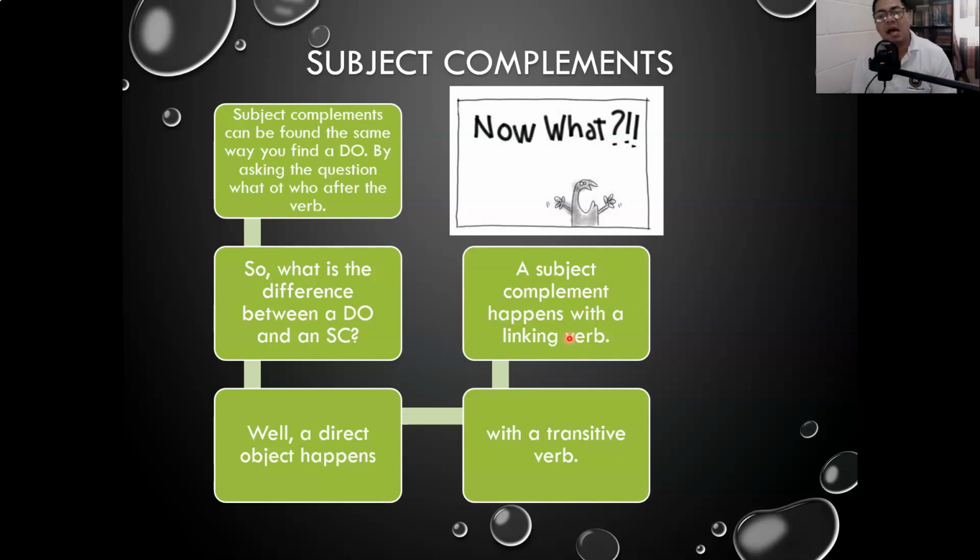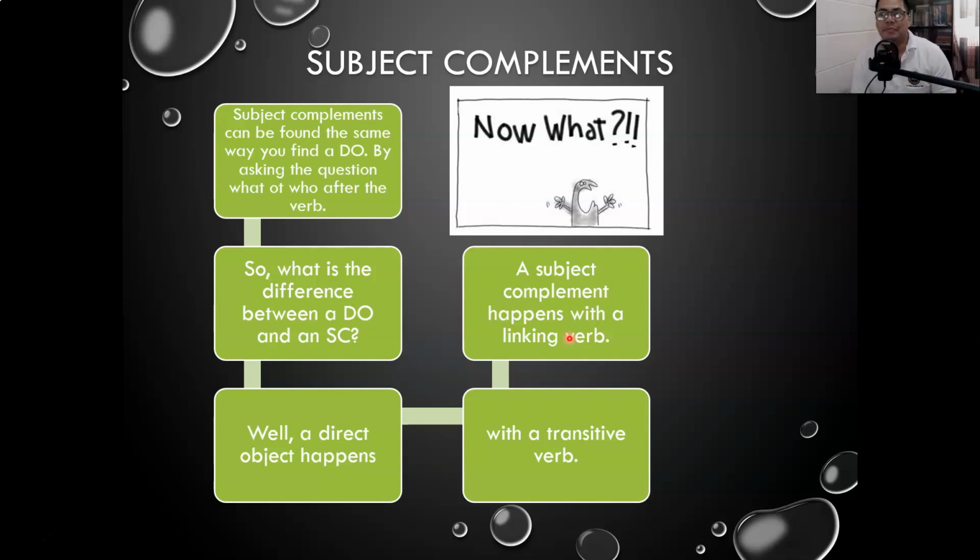Now, besides verb to be, we have verbs like become, remain, get, grow, even go. Idiomatically, we can use the verb go. And what's the deal with these verbs? Look, you may be thinking, no, but the verb get is a transitive verb, and the verb go is intransitive, and the verb grow is a transitive verb too.